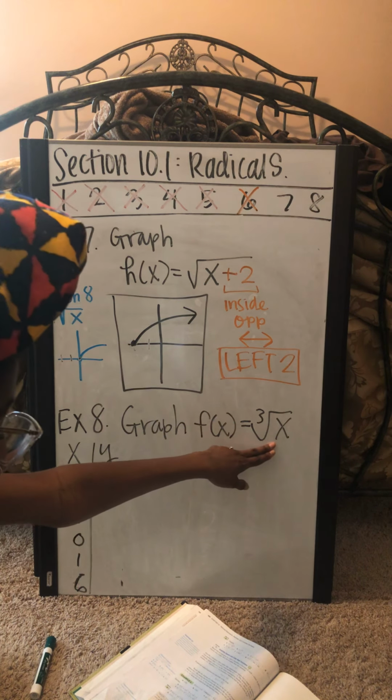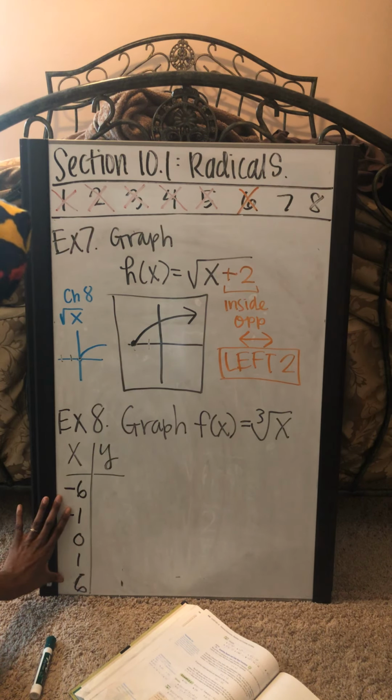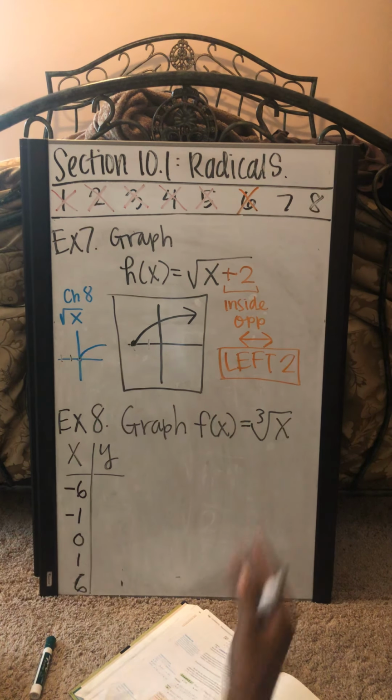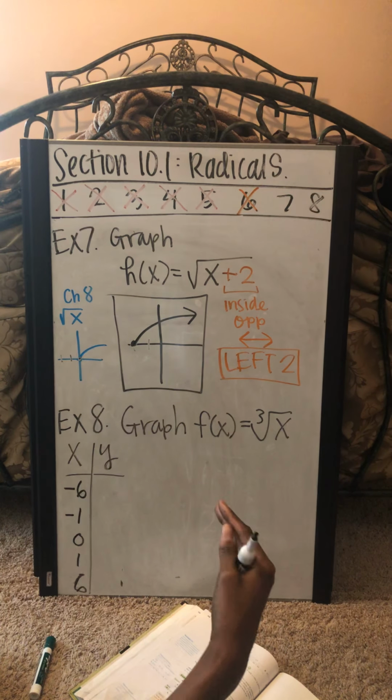You'll see that you don't get a nice number. Even 6 isn't a nice number. It's still a decimal. But at least you'll be able to see the graph more. So if you were to pick numbers too close to -1, you might not be able to see the full graph, okay?